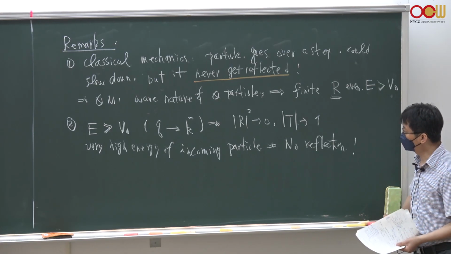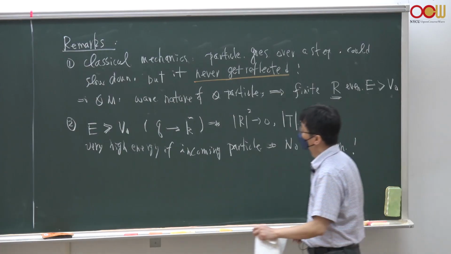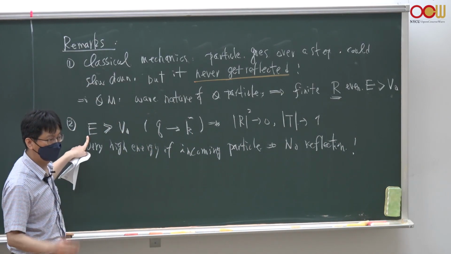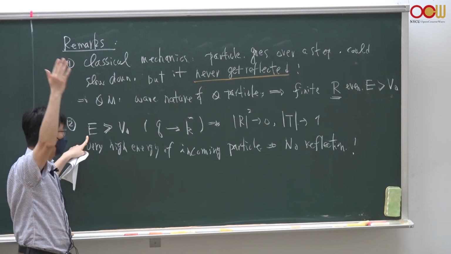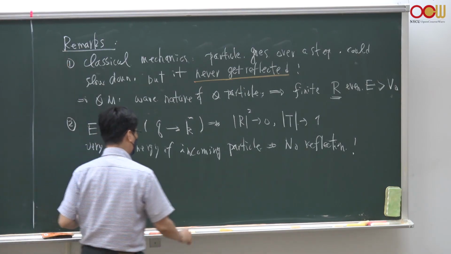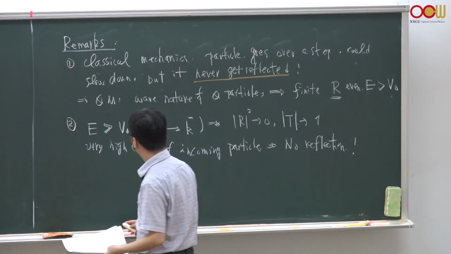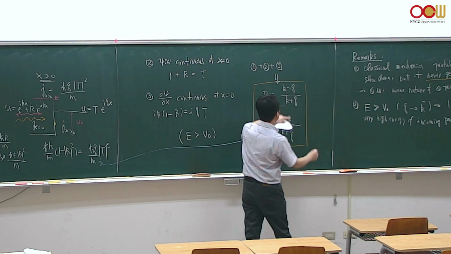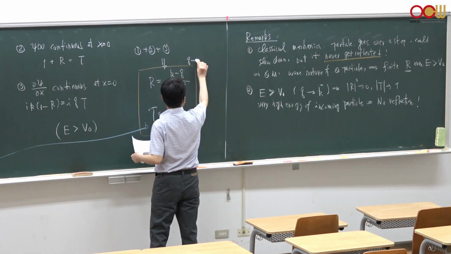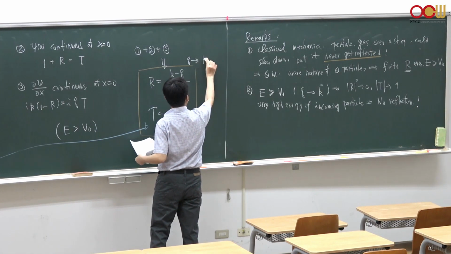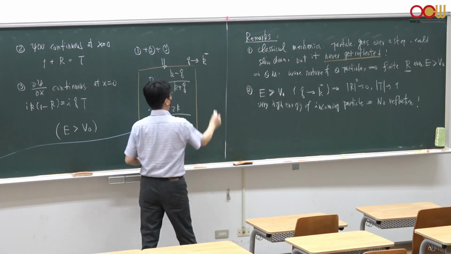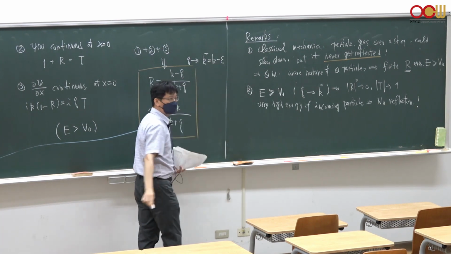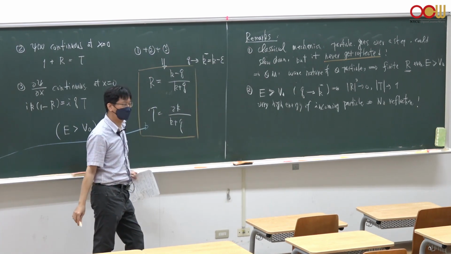In quantum mechanics, it is also the case, but this happens only when the energy of the incoming particle is really, really high, much higher than V0, so that q goes to K minus, which means that q is asymptotically close to K, where K minus refers to K minus an infinitesimal value called epsilon.